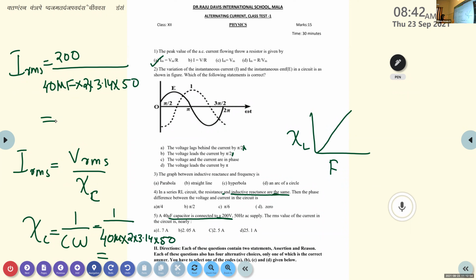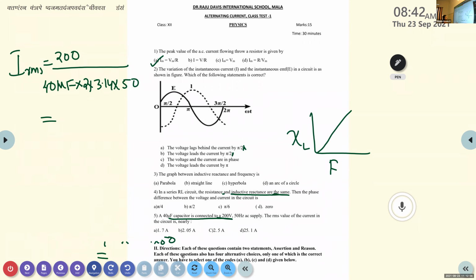The final answer that you obtained. Which answer did you mark yesterday in the OMR sheet? Is it option A, B, C, or D? Michael? Yes, ma'am.